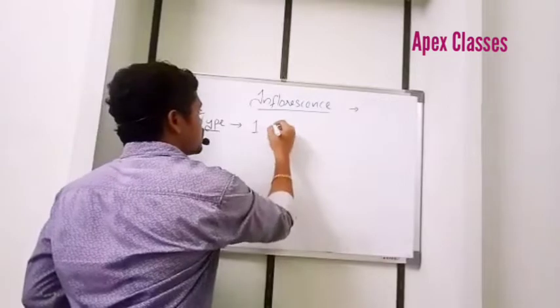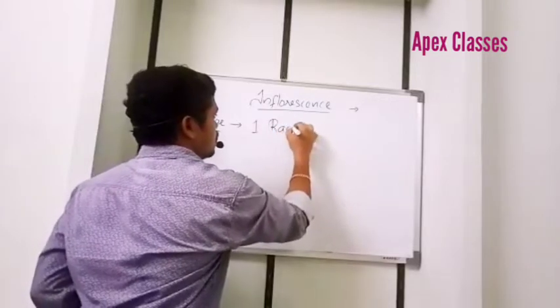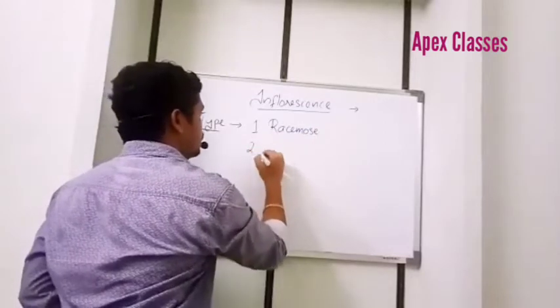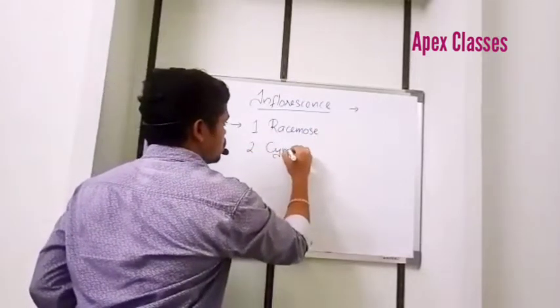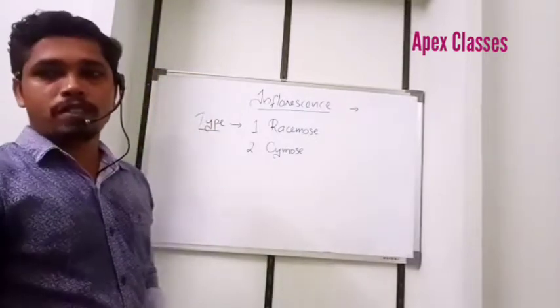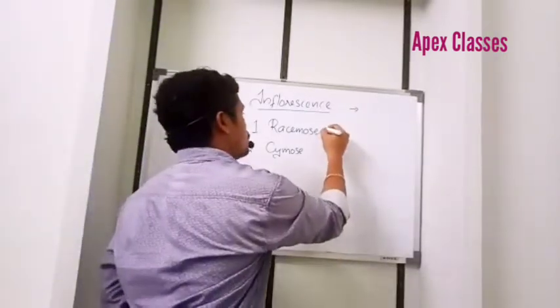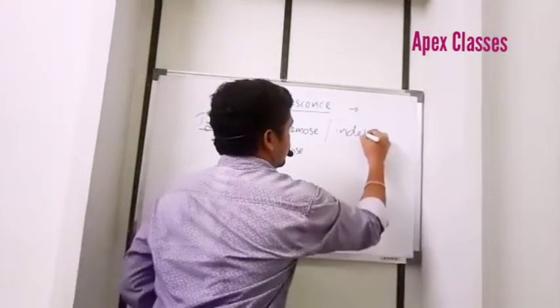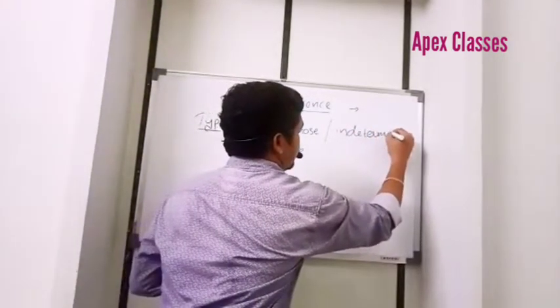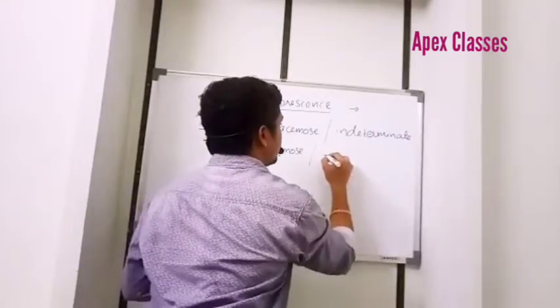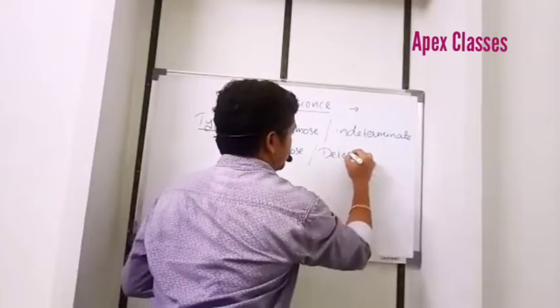The first one is racemose inflorescence, also known as indeterminate inflorescence. The second one is cymose inflorescence, which is determinate.